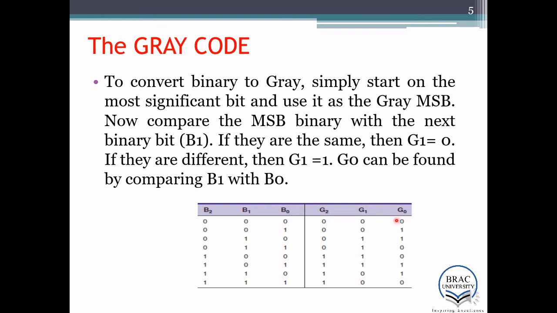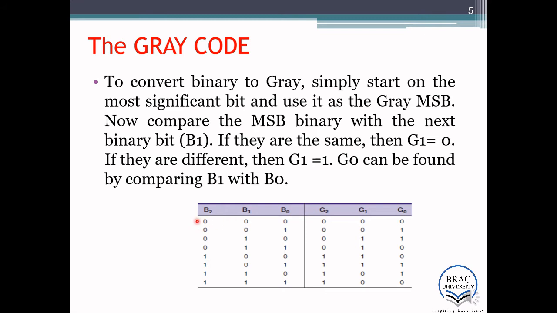For G1 and G0, you need to compare bits: comparing B2 and B1, you will get G1, and comparing B1 and B0, you will get G0. Now compare the MSB with the next binary bit. The MSB here is B2 and the next is B1.